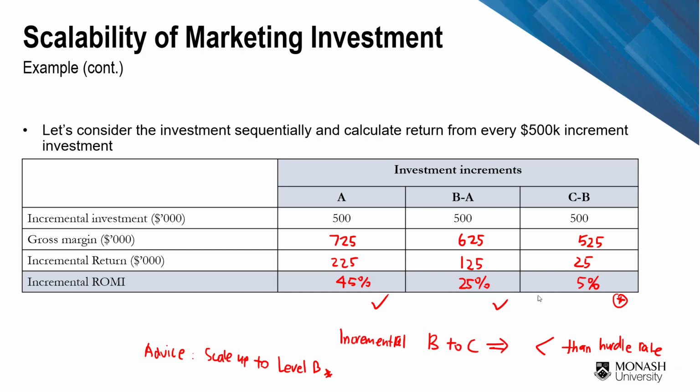For example, when we see the incremental from B to C, it is actually only 5%, so we should stop. So in this case, we should scale up to level B.